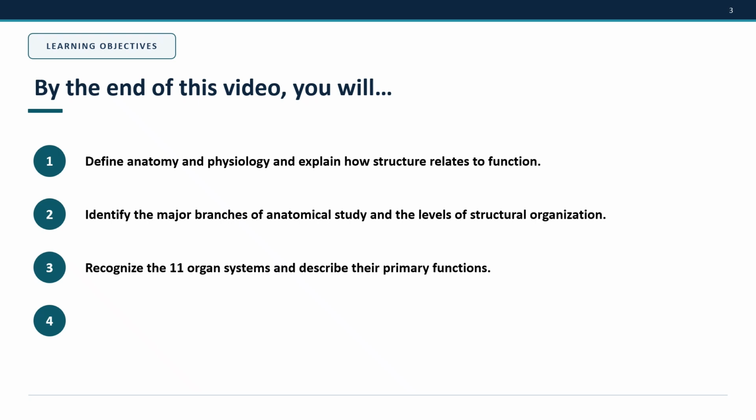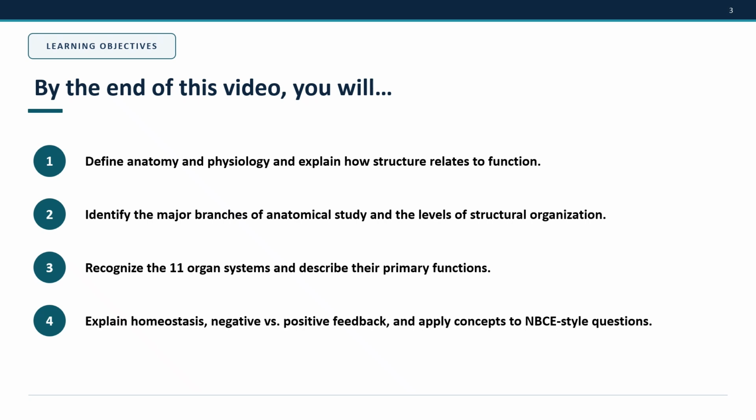You should be able to recognize the 11 different organ systems and describe their primary functions. And you should be able to explain homeostasis, what that is, what that isn't, negative versus positive feedback mechanisms, and apply those concepts to NBCE style questions, which we will do toward the end of this video.